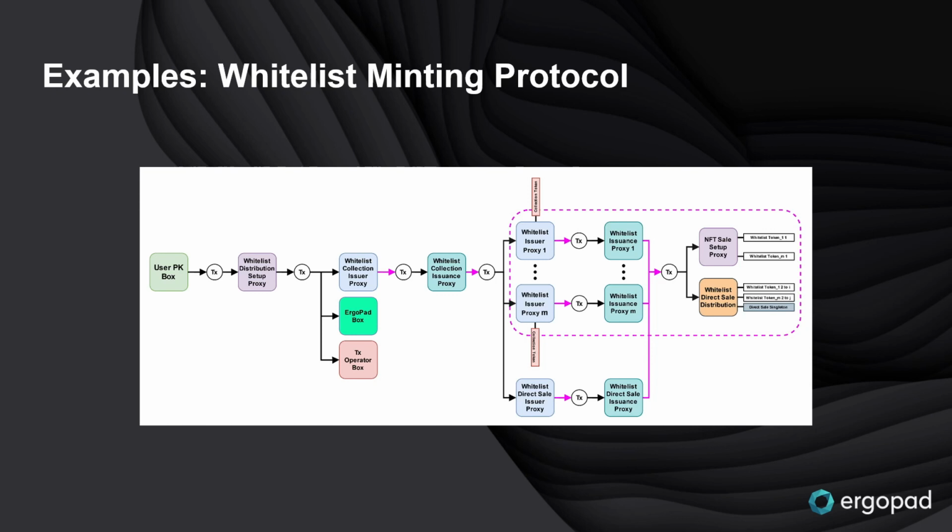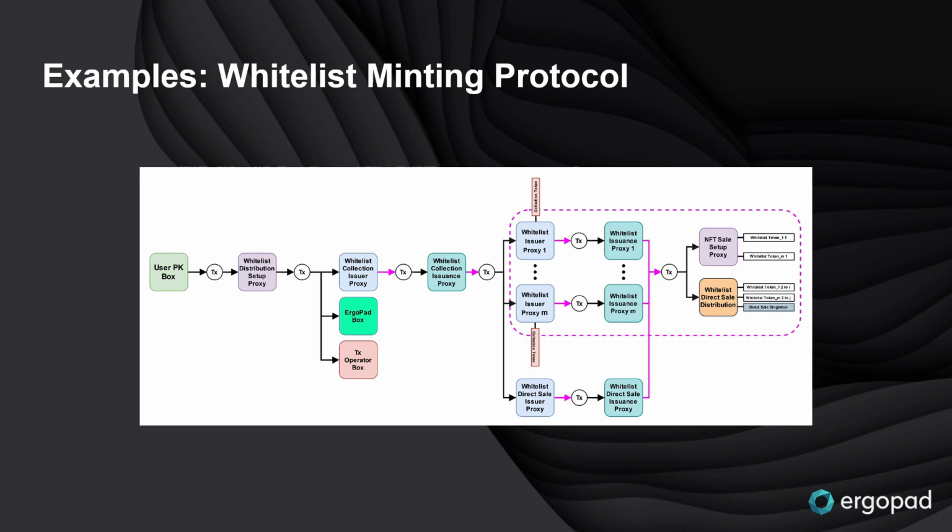In the next transaction, we actually mint a collection, using the collection EIP, and this lets you mint whitelist tokens as part of a collection. In the same way, if you had watched one of my previous videos about the anatomy of the Ergo blockchain, where we talked about what a token was and what an NFT and minting was, then we know that we need an issuer and an issuance box.